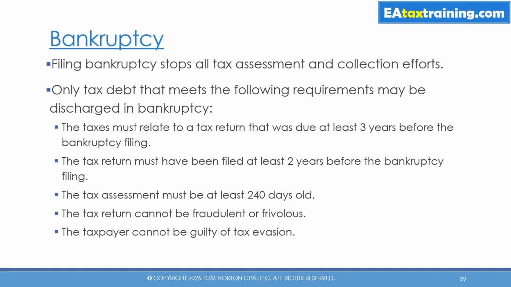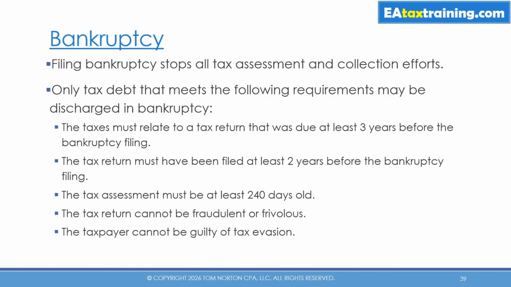So let's think about what tax returns the amounts due might be dischargeable in bankruptcy. Let's say you have a client who files bankruptcy in March of 2025. How old of a tax return, how long ago, could potentially be discharged? Well, if you think about it, a 2021 tax return was due in April of 2022.